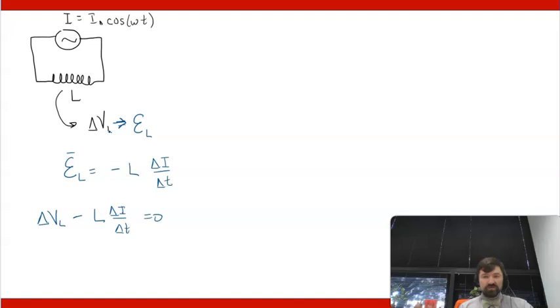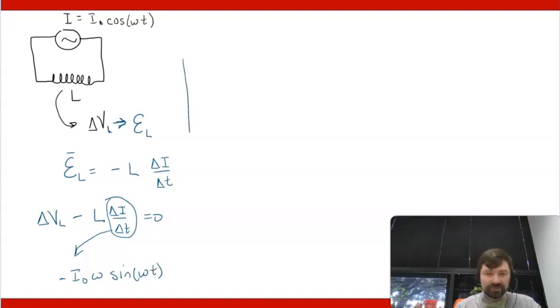And essentially the way that this ends up working is like looking at this, and looking at the equation up here. This rate change of the current turns out to be given by essentially I naught omega times sine omega t. It's negative, but it's basically like that.